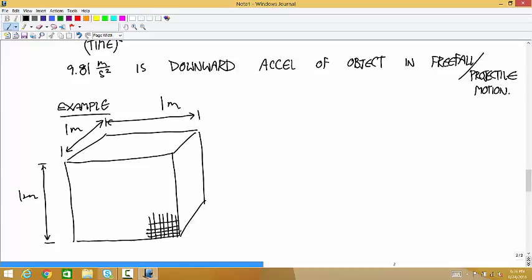You know, so there's just level after level of little cubes where the lengths are a centimeter.